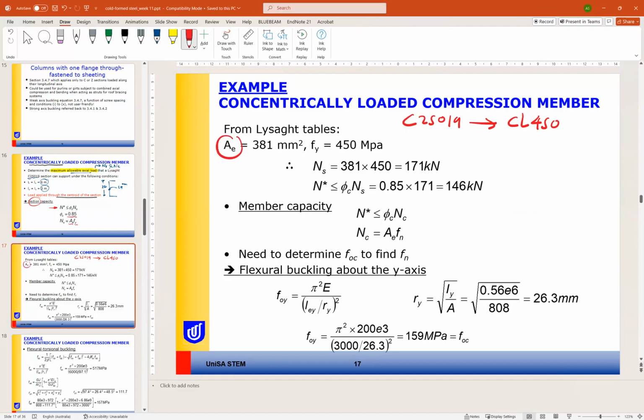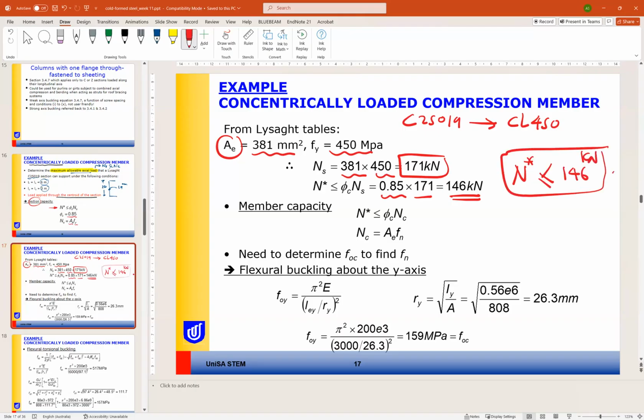A effective is 381 square millimeter, and F yield is 450 MPa. So Ns equals 381 times 450, equal to 171 kilonewton. So N* should be less than 0.85 times 171, equal to 146. So our first condition is N* should be less than or equal to 146 kilonewton.